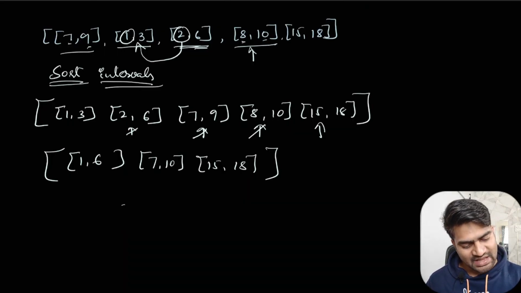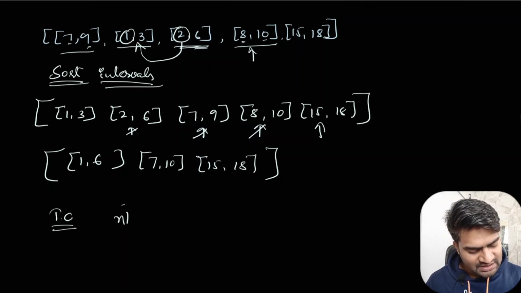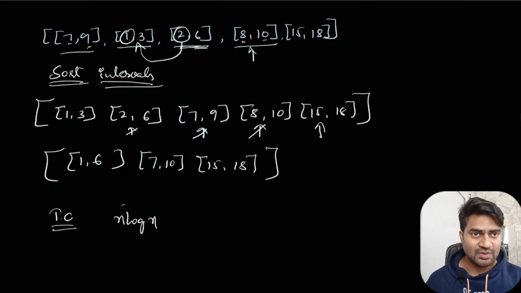With that, let us try to understand the time complexity. For sorting, we need n log n, considering we use the best sorting algorithm; let us assume we use merge sort and come up with the sorted values in n log n time complexity.